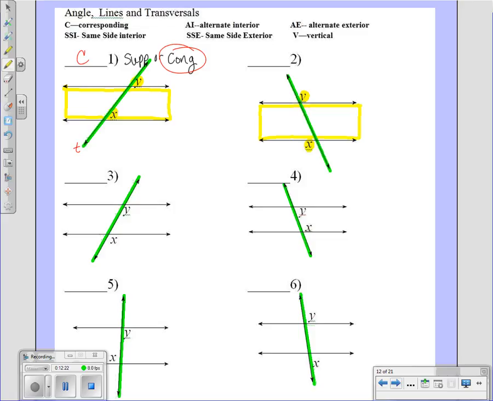And now we can see that, oh no, those angles are outside of that box. So that means they are alternate exterior. So we're going to put an AE here. And since it is not an S, that tells us that they must be congruent, because only same side interior and same side exterior are the ones that are supplementary.